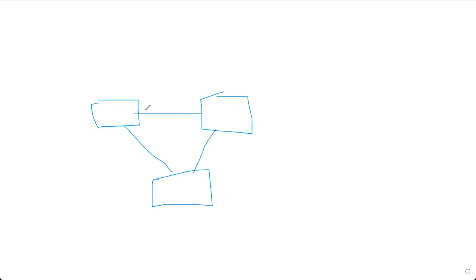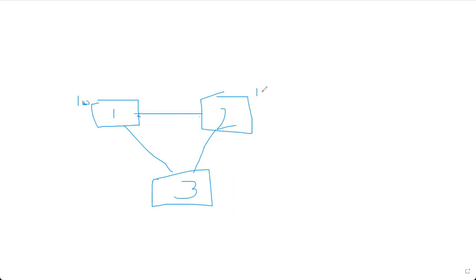Okay, so let's talk about spanning tree port roles. Again, same thing. 3 switches, all connected here. So switch 1, switch 2, switch 3. Priority is 100.